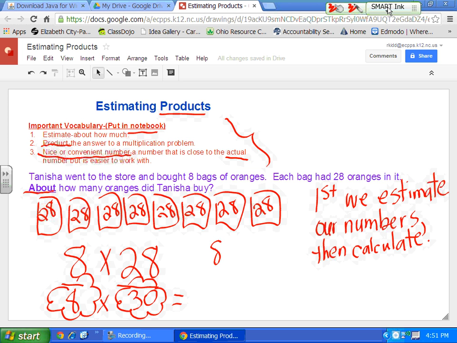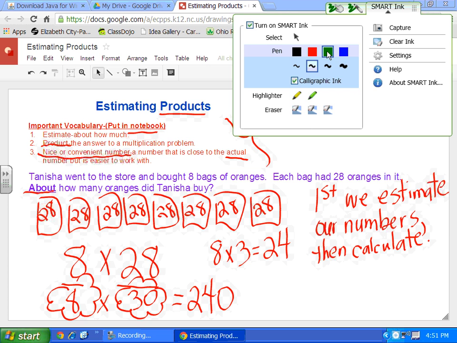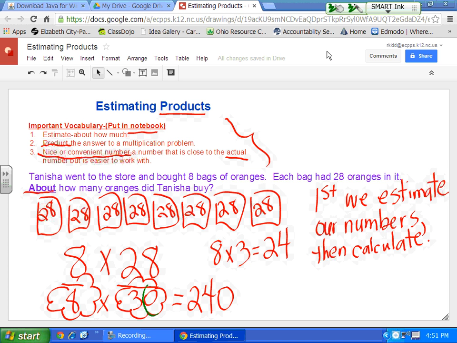So I'm thinking, okay, 8 times 3, that's simple enough, is 24. So if 8 times 3 is 24, then 8 times 30 is 240, because we have one 0 in our factors.